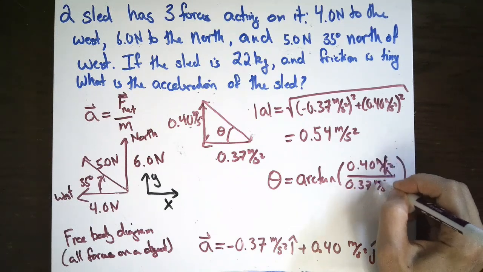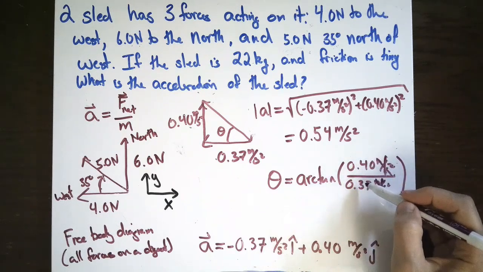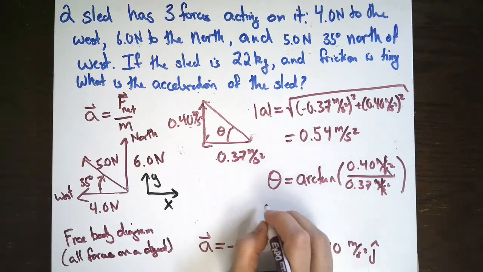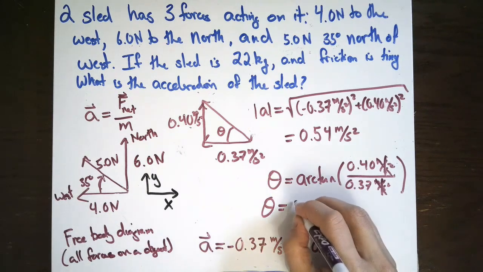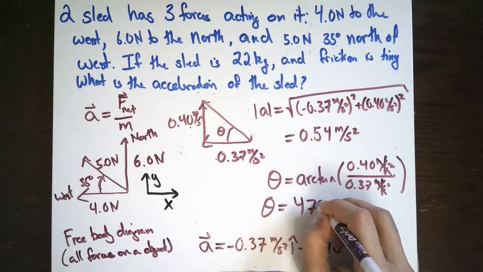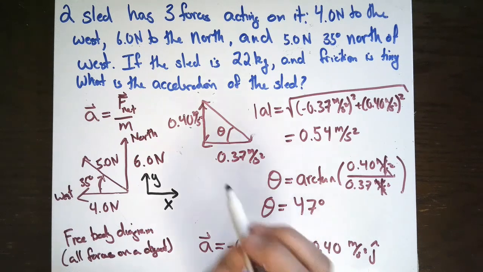So those units will just go ahead and cancel out, which is great because the arctangent should never have units on the inside. And so when we run that math, we will find the angle is 47 degrees.